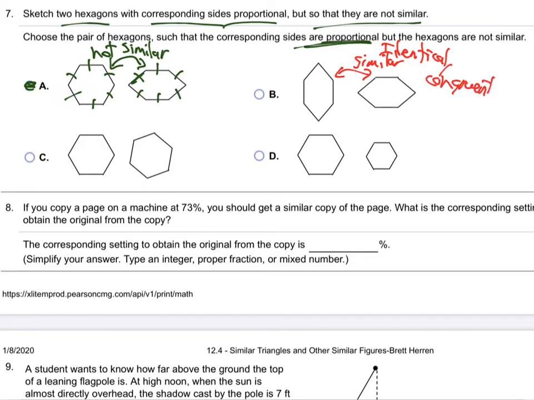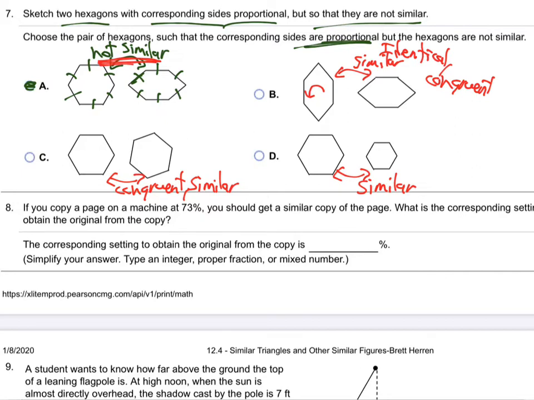You just turn this one, flip it to its side, and they're the exact same shape. Same thing with these two. These are congruent. They're exactly the same. So therefore they're for sure similar. They're even more than similar. They're congruent. And then these two are definitely similar. One's just a bigger version of the other. So A is the answer where they're not similar.